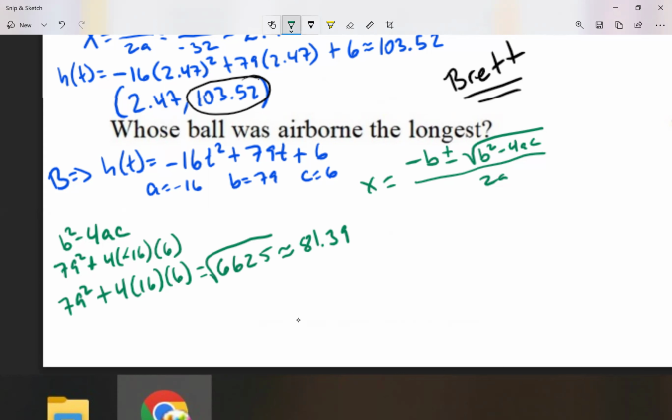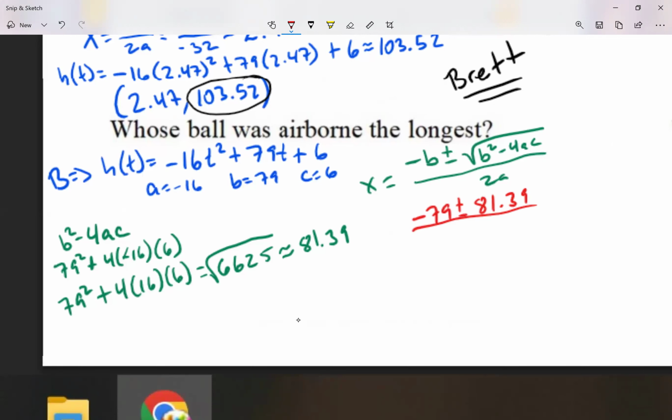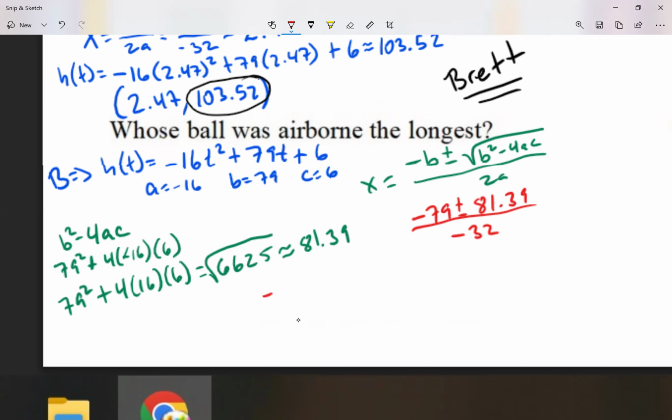Okay, now I'm going to be able to plug in my whole formula. Negative b, so negative 79, plus or minus 81.39, all over 2 times a, so negative 32. For my two zeros, I'm going to do negative 79 minus 81.39 divided by negative 32.